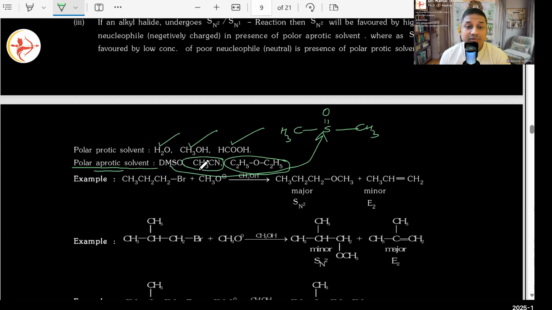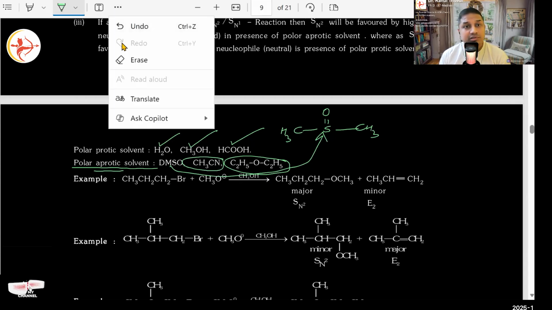In case of cyanide, you don't have oxygen, but nitrogen is there. Yes, an electronegative element is present, but is it directly connected to hydrogen? No. No acidic hydrogen is present in polar aprotic solvents. They are all still polar, but they are aprotic. Got it? Is this part clear?